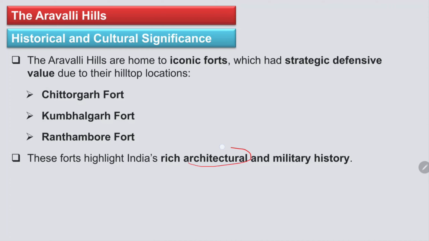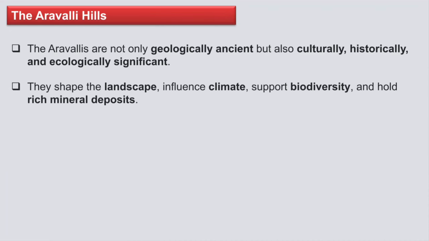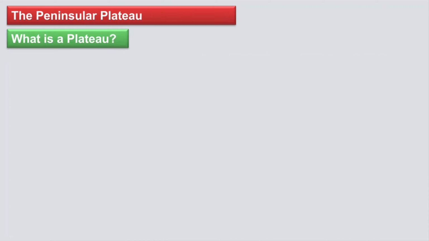If you see the designs of these forts, they are very inspiring and very beautiful. The Aravallis are not only geologically ancient, but also culturally, historically and ecologically significant, because they shape the landscape, influence the climate, support biodiversity, and hold so many rich mineral deposits. So that was all about Aravalli Hills.